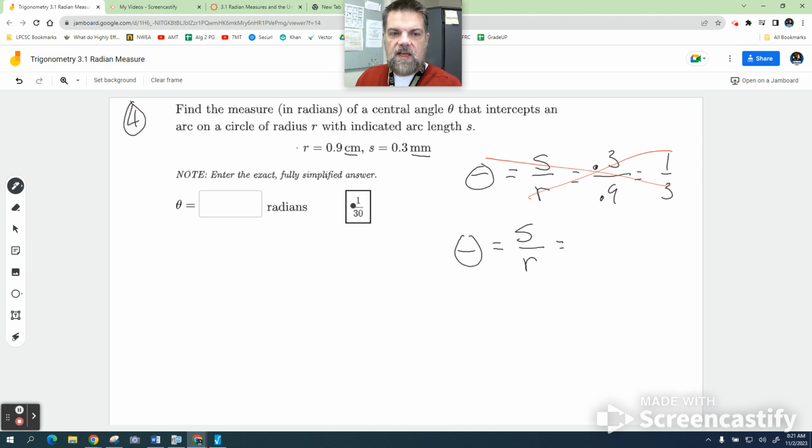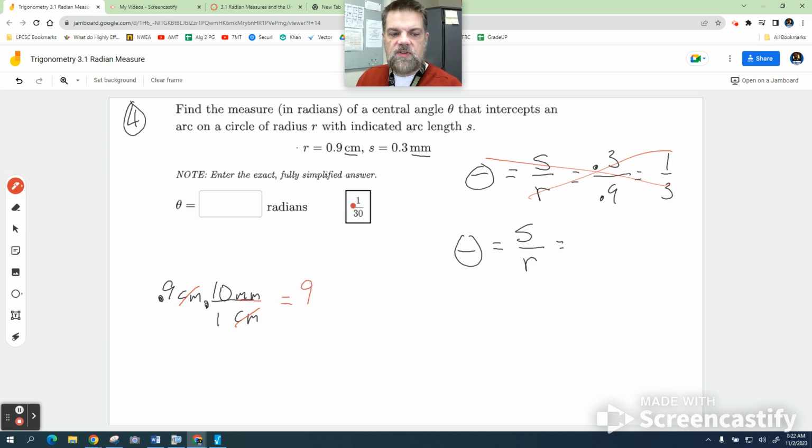So I have to convert 0.9 centimeters to millimeters. So I know that 1 centimeter contains 10 millimeters, right? Is that right? I wrote this conversion ratio this way because the centimeters will cancel. 0.9 times 10 is actually just 9.